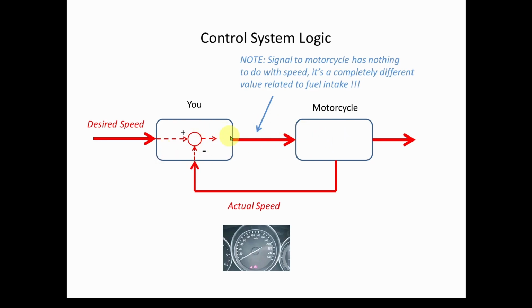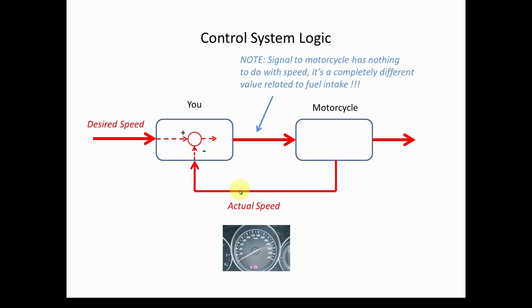So you can see it's not a fixed value. You're not saying, okay, motorcycle, go to 60. You're saying, I'm just opening and closing the fuel valve, and I'm doing this in real time. I'm getting constant feedback so I always know what the actual speed is, so I can know how much to turn the throttle to give proportional fuel into the motorcycle. So this is time-based. This is real time.